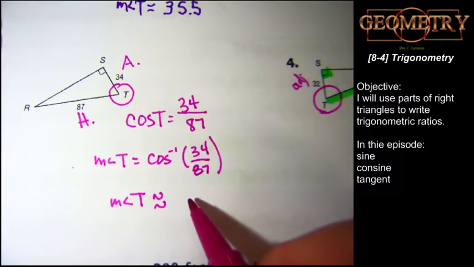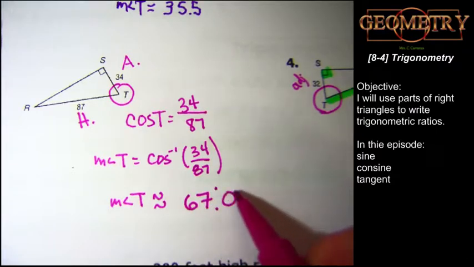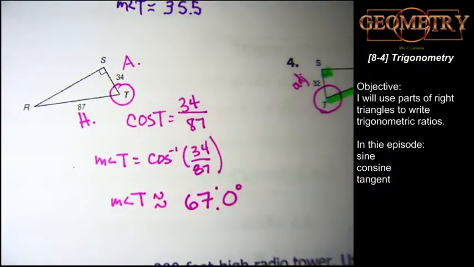What was it? 67 degrees. Well, 67.0, right? Because I think it's like 66 point stuff. Yeah. Okay. Good.